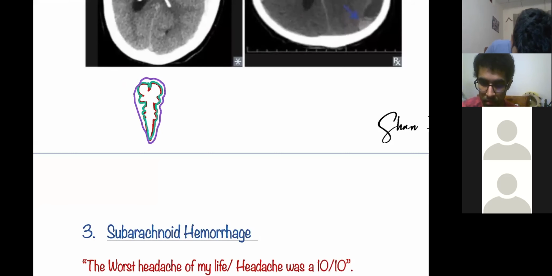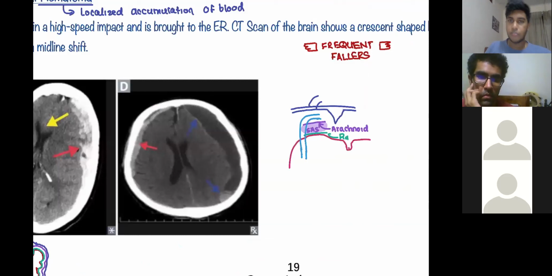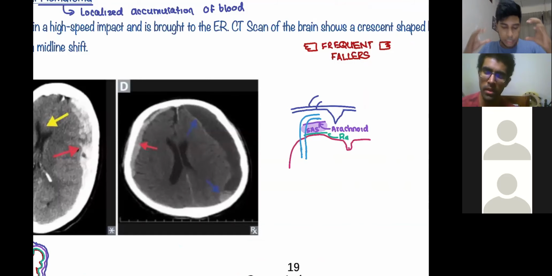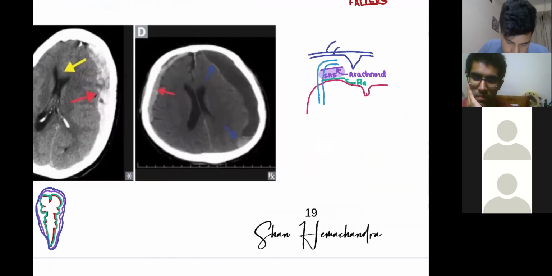Here you have the dura mater, outer to that. So what happens when there are sudden shocks, like on a roller coaster, or a situation which shakes the brain? Because it is floating around in the subarachnoid space, it can move around freely. But the dura mater cannot.